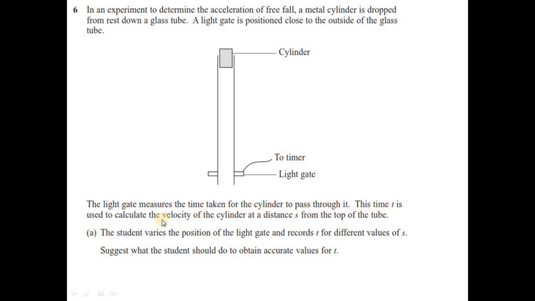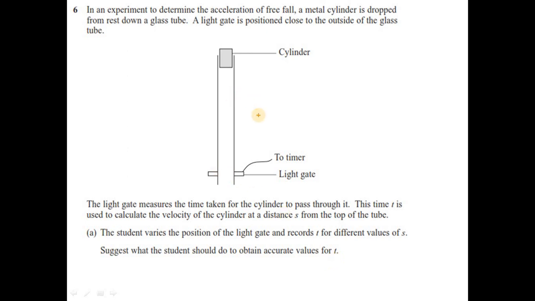The time t is used to calculate the velocity of the cylinder at a distance s from the top of the tube. The student varies the position of the light gate and records t for different values of s. Suggest what the student should do to obtain an accurate value for t.